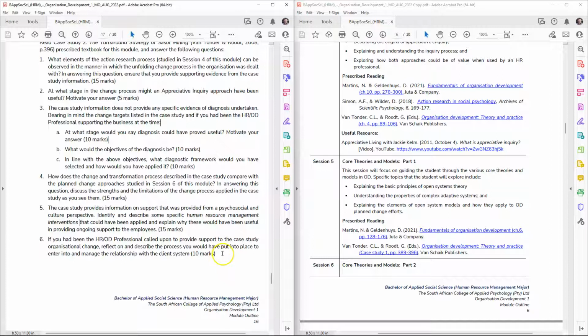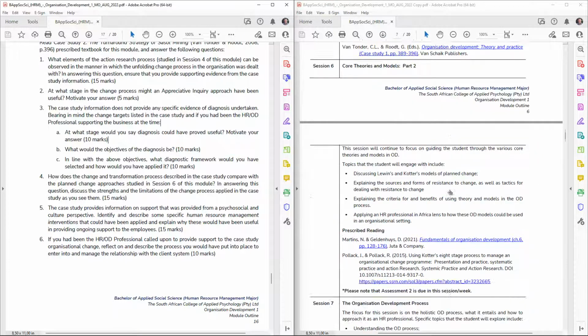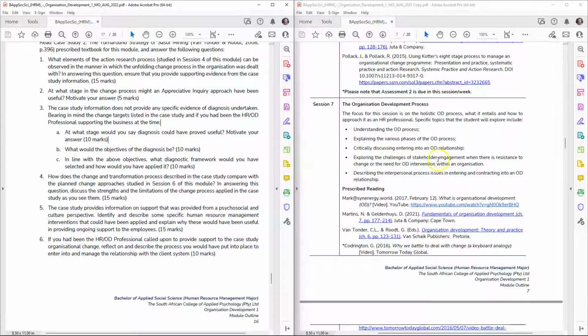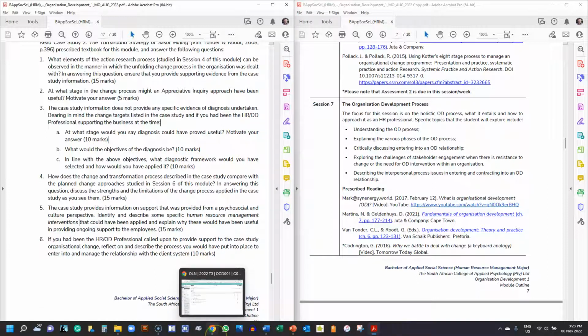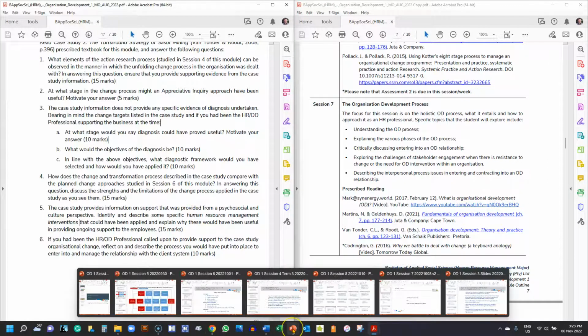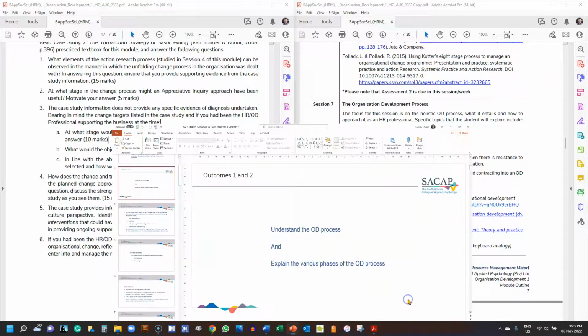Here again, you need to have a very intimate knowledge of the prescribed material, particularly some of the material in the session where we looked at the organizational development process, which is session 7. So I want to just very briefly see if I can pick up anything from the slides that might be useful to you.